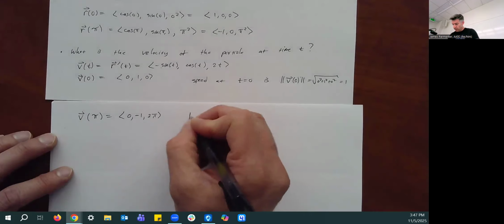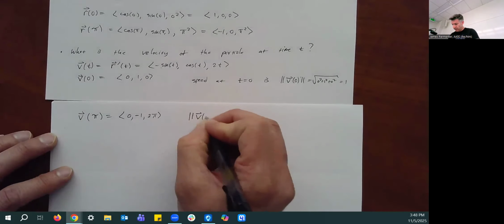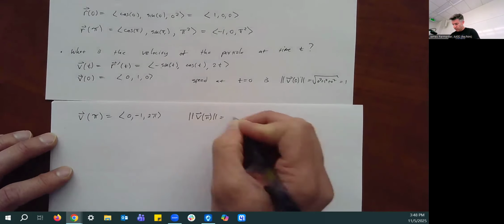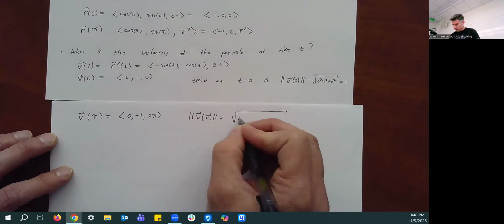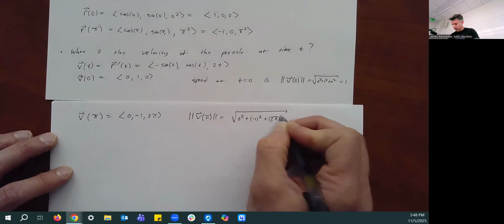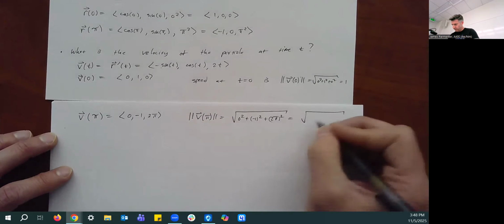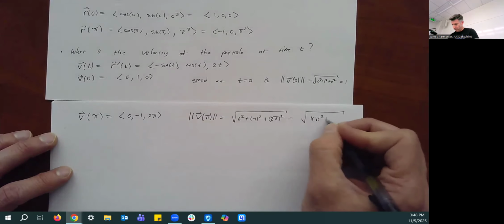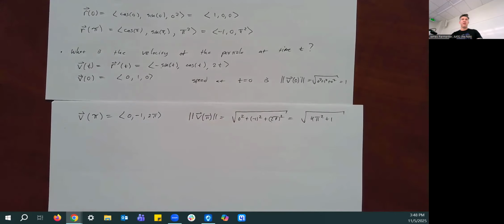The magnitude of that velocity vector is the square root of 0 squared plus (-1) squared plus (2 pi) squared, which is the square root of 4 pi squared plus 1. So a little bigger than 6. Much different than 1. So your velocity can really change depending on what's going on.